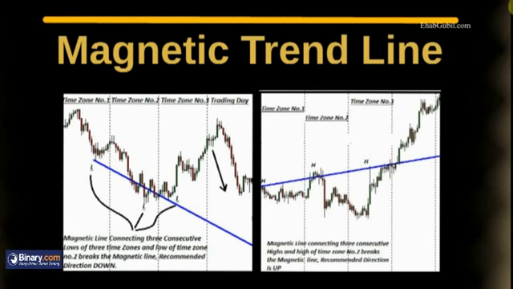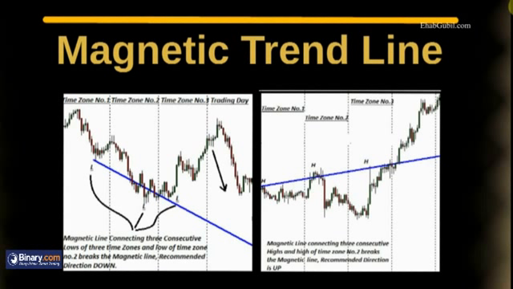For the bullish magnetic line, we will use 3 consecutive high pivot points of the 3 time zones 1, 2, and 3, and 3 consecutive low pivot points of the 3 time zones for the bearish magnetic line.